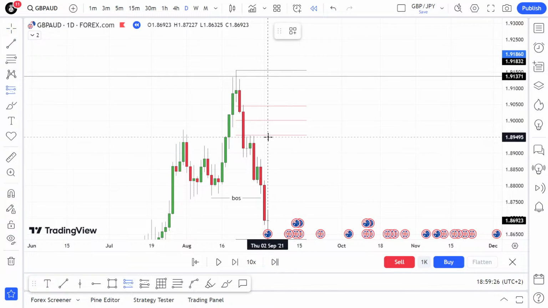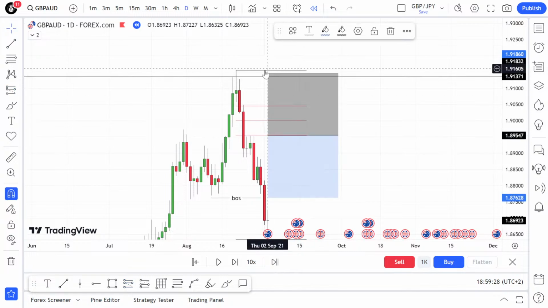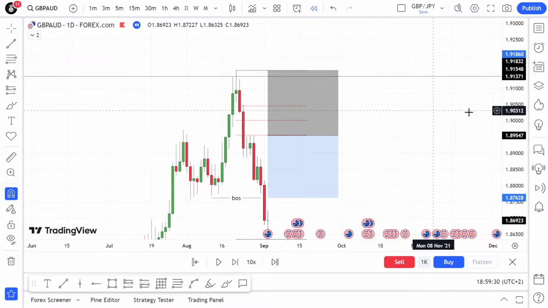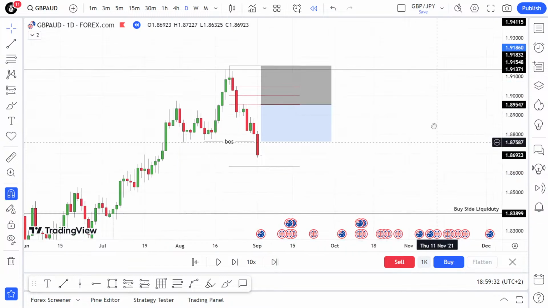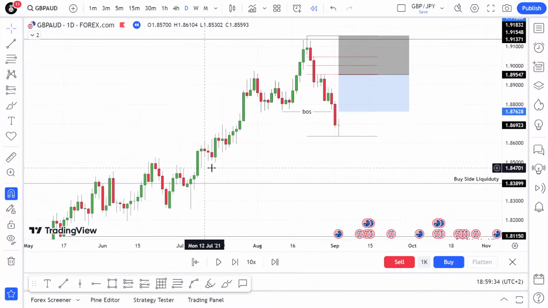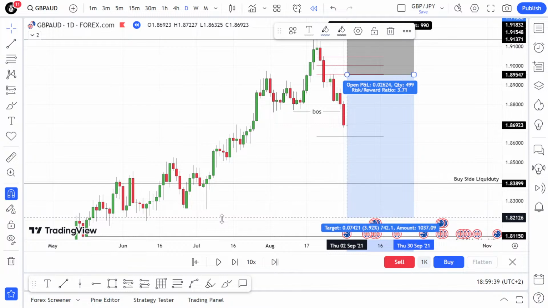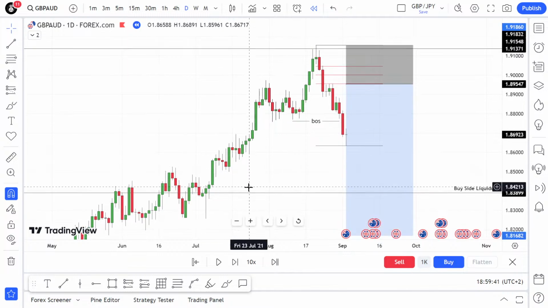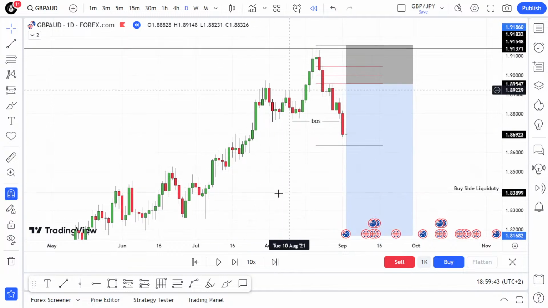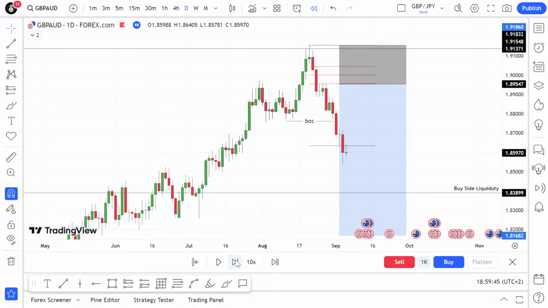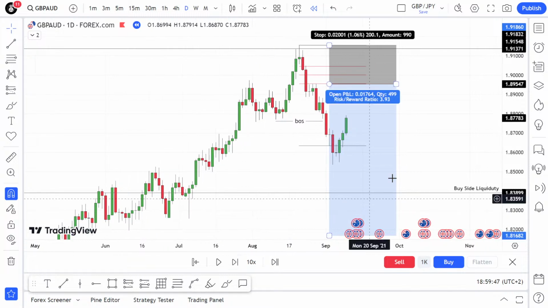So just having your entry there. Now, as price has moved previously, it hasn't really retraced too much. So there's a likelihood that this kind of trade will miss you as well, which is kind of annoying.